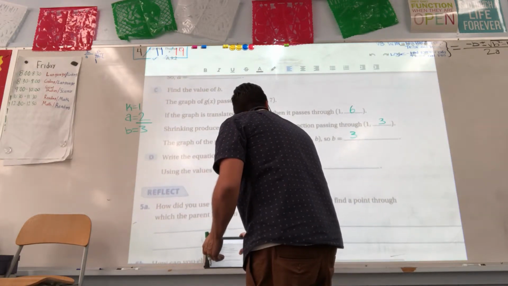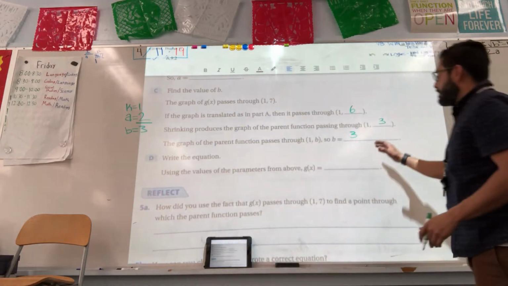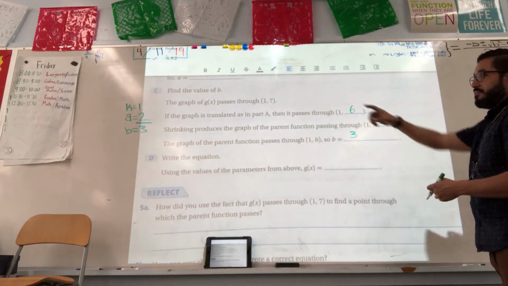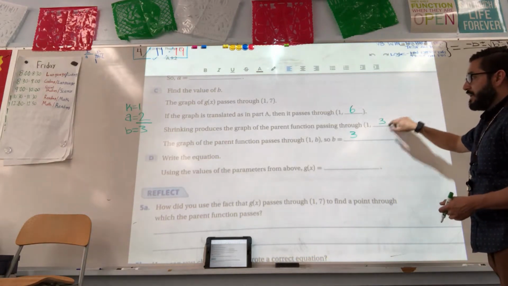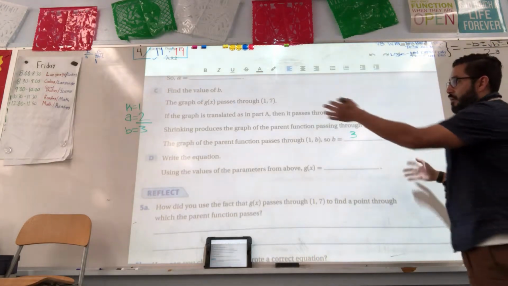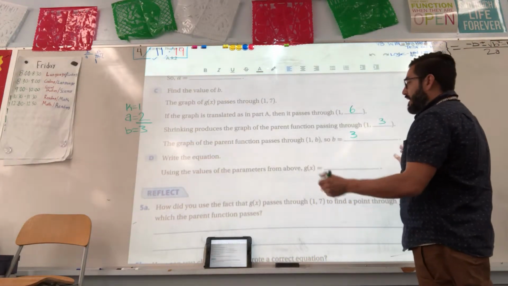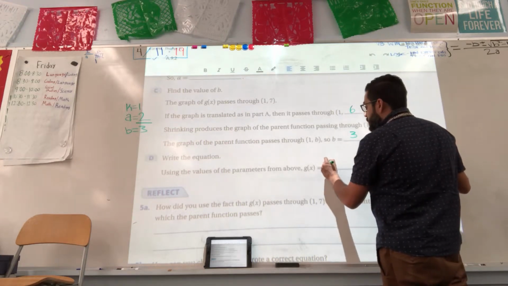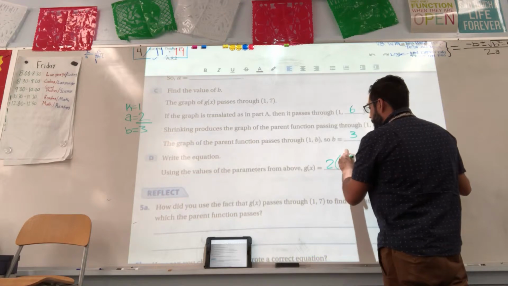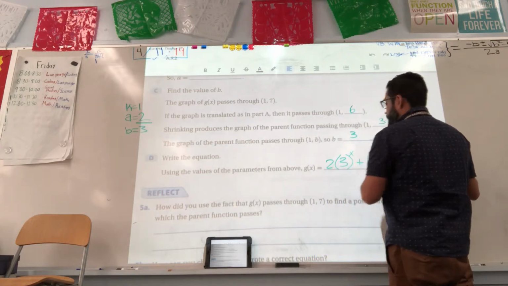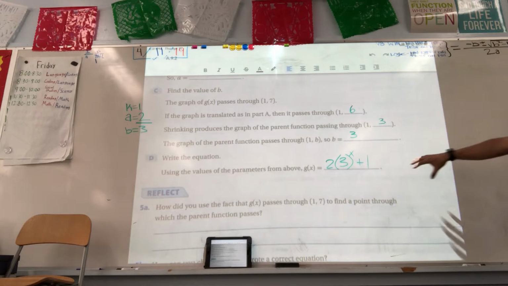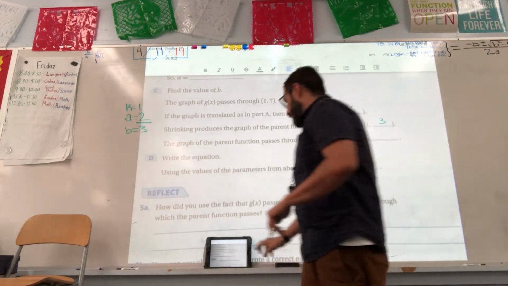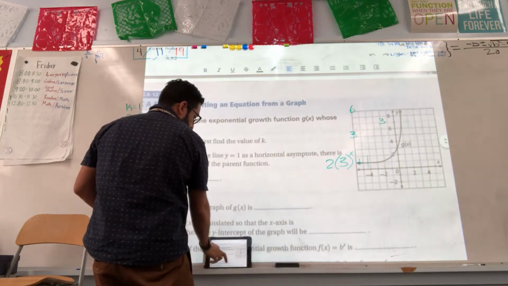We started with another point that was not the y-intercept, and knowing that we had stretched it by a factor of 2, we divided by 2 and got 3, so now we know that our b is 3. Now, given all this information, how do we write this? Remember, it is a times b to the x plus k. So 2 times 3 to the power of x plus 1. That is the equation you need to write in order to get that graph up above.